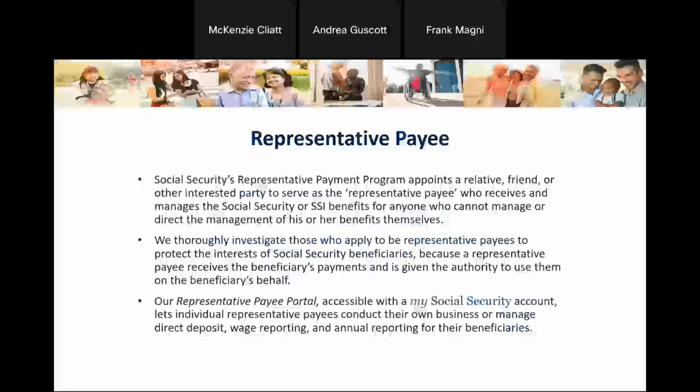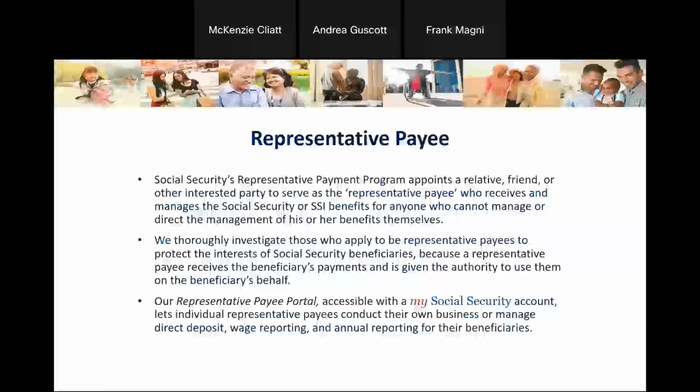In that way, they have the responsibility of the benefits being paid by the federal government, and in so doing, have different types of responsibilities. As it relates to SSI, they have the reporting responsibilities.